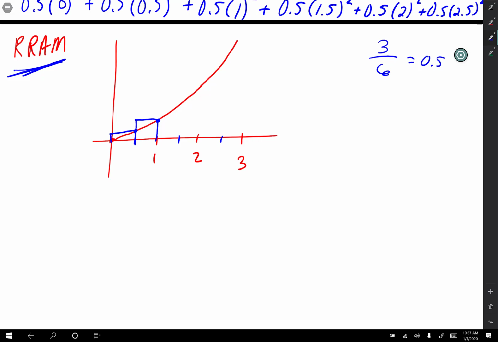So between 0 and 0.5, it says RRAM, so I start at the rightmost point, go to the curve, and there's my first rectangle. Between 0.5 and 1, rightmost point, go to the curve, rectangle. Between 1 and 1.5, the rightmost point is 1.5. Go down like this. Notice all of them are above the curve.